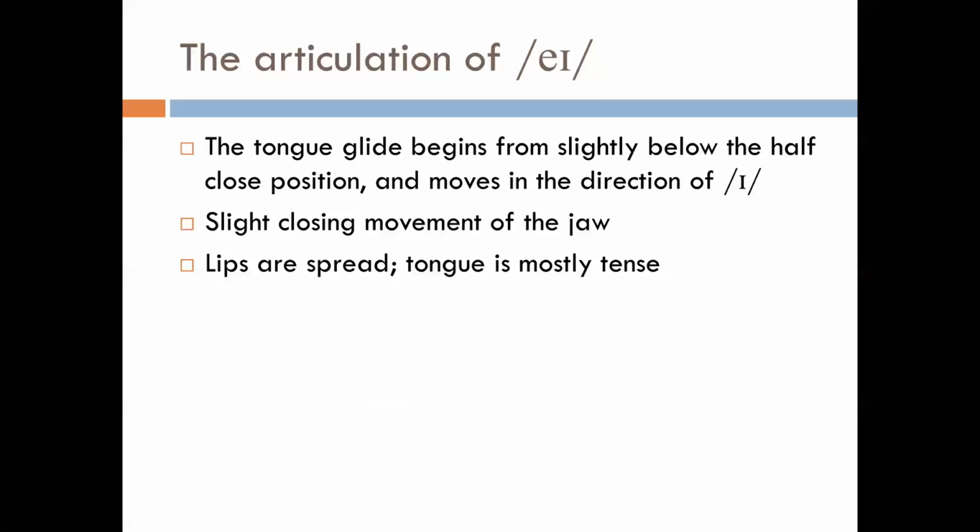It ends up in the direction of the vowel here, I. Like all these American English diphthongs we're focusing on, they are all closing, meaning that the tongue is raising in the mouth.